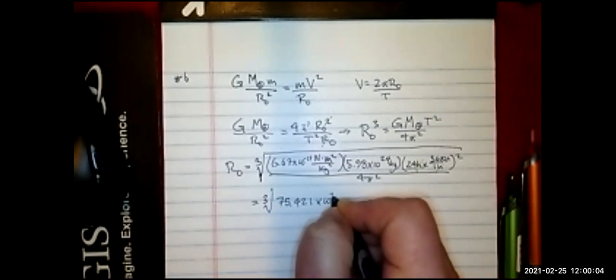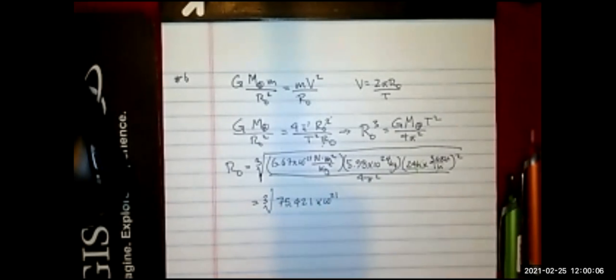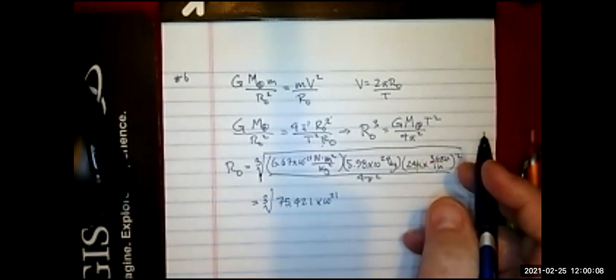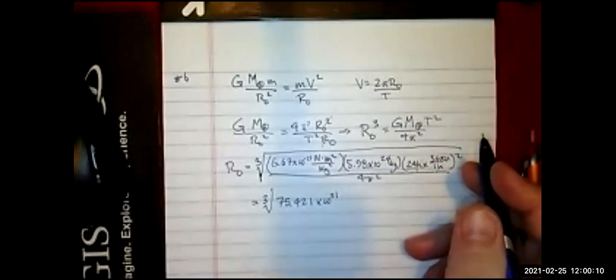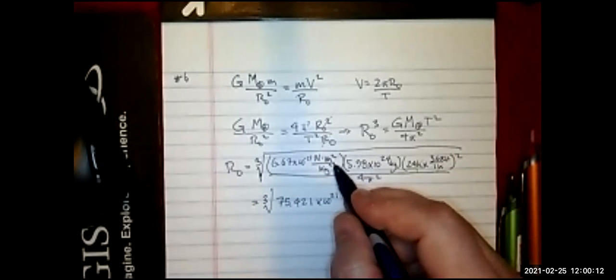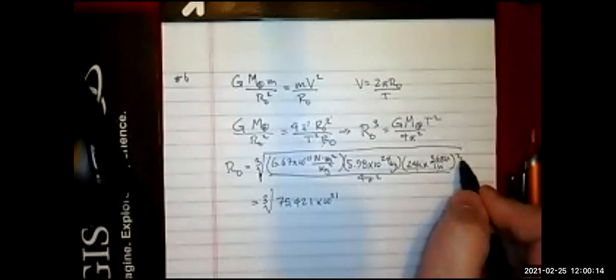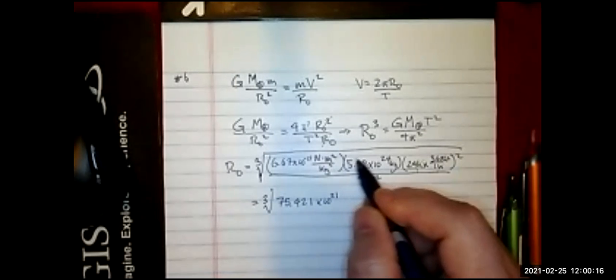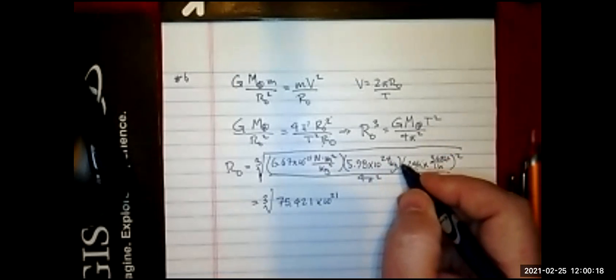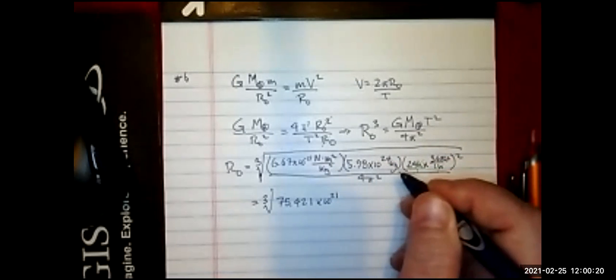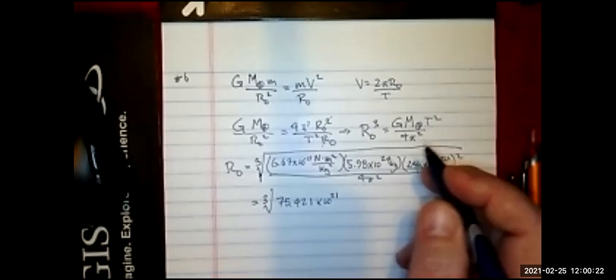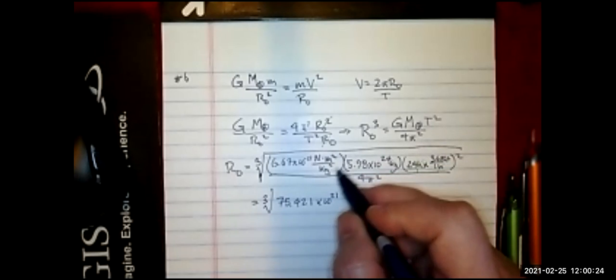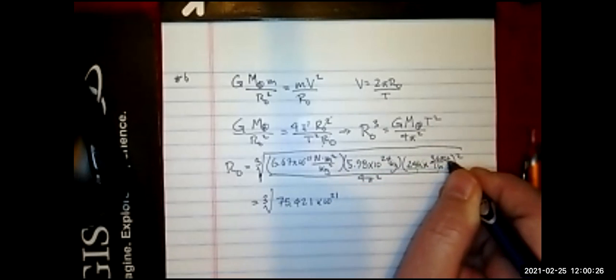75.421 times 10 to the 21. Notice the units here: meters squared times the kilograms going to cancel out. That'll be newtons per kilogram, which is a meter per second squared. And then I'm going to multiply it by second squared.